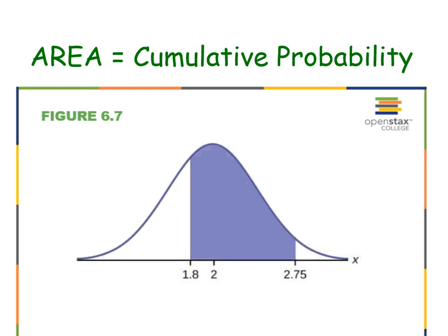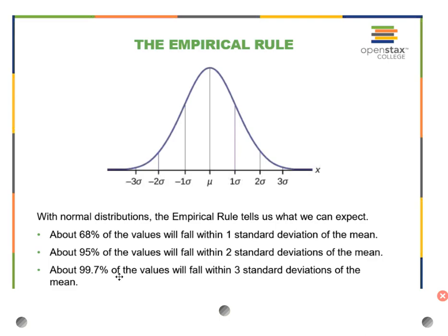Well, when we learned about continuous random variables in general, we were introduced to the normal distribution with the empirical rule. And the empirical rule states that if we have a normal bell curve, then we can expect about 68%, so it's an estimate, of the values will fall within one standard deviation of the mean, right?